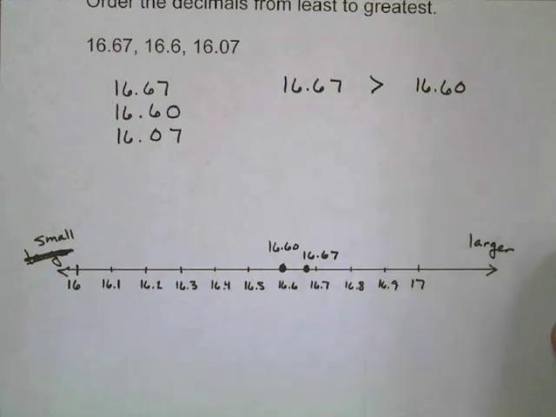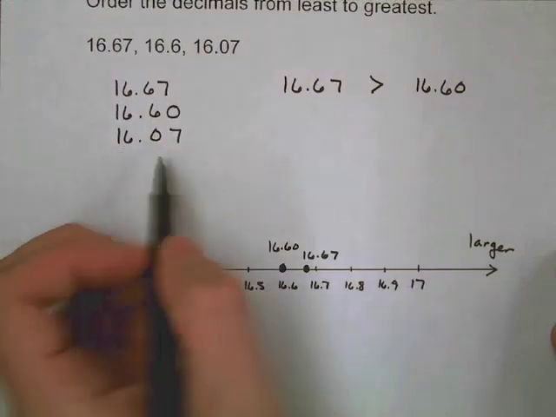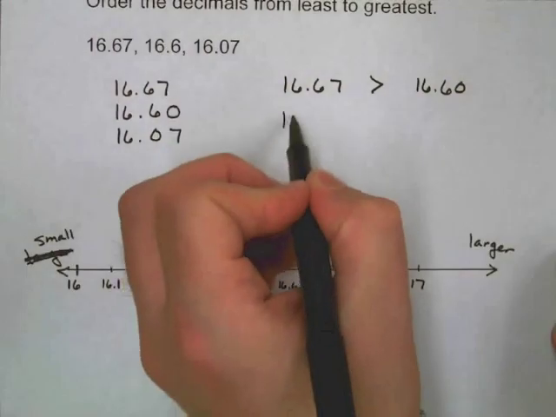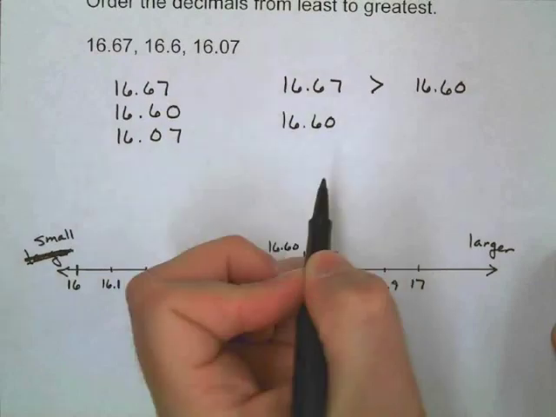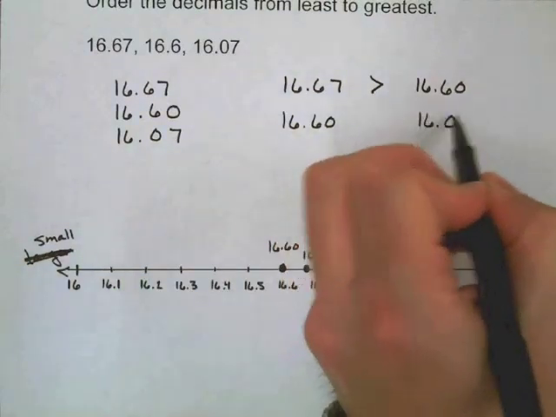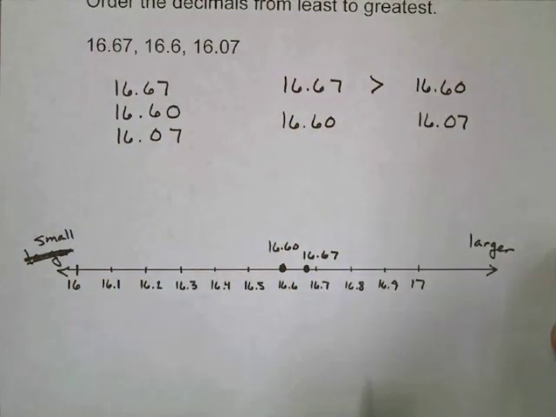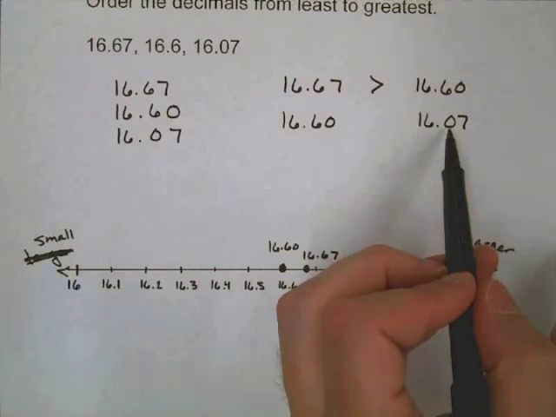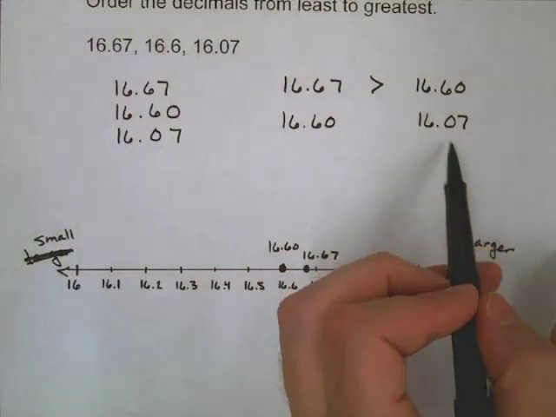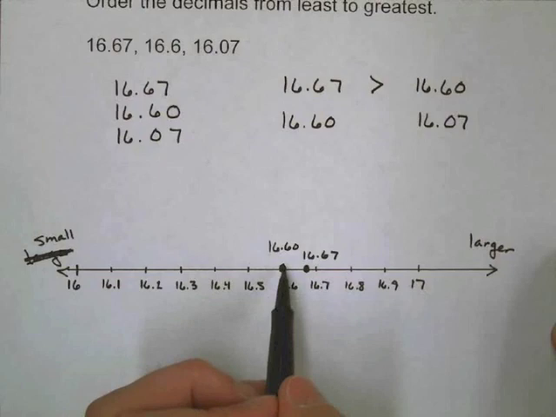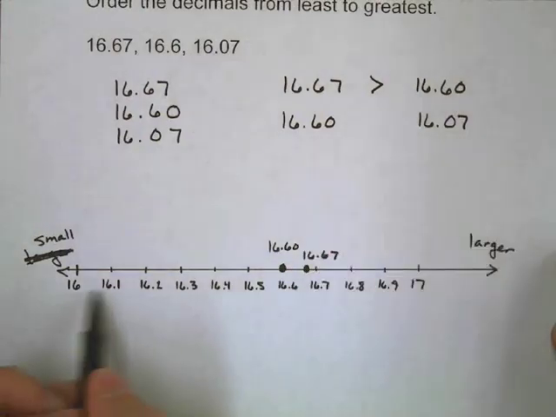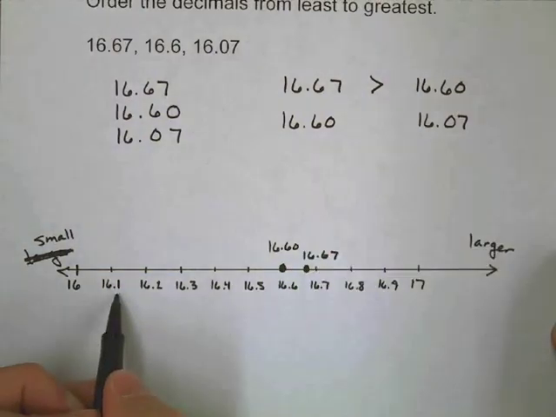Okay, so now we know a couple of them. But we're still wondering about this one. So let's compare 16 and 60 hundredths to 16 and 7 hundredths. Well, I'm going to look at this tenths place again here, and there's no tenths here. So we already know where this one is, but no tenths. That means it doesn't even come up to 1 tenth here.